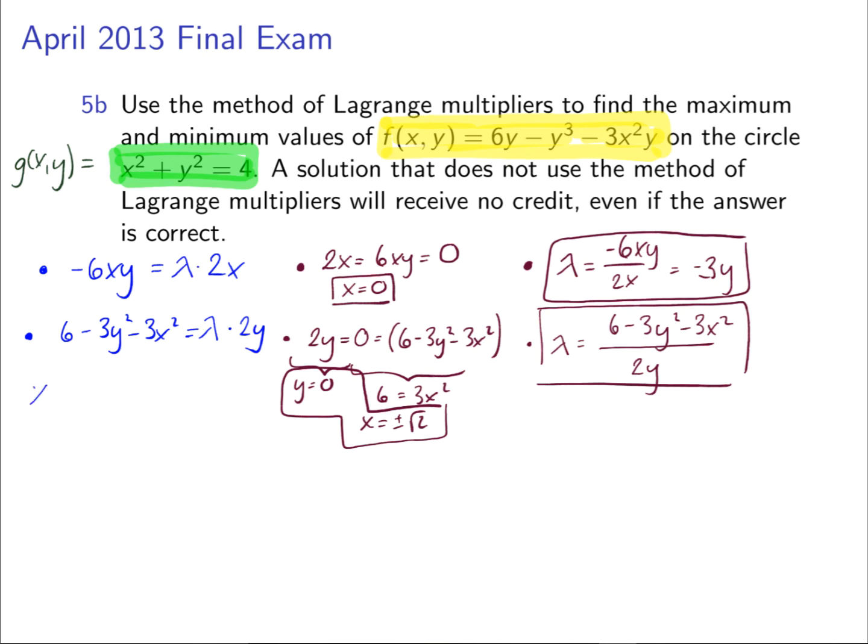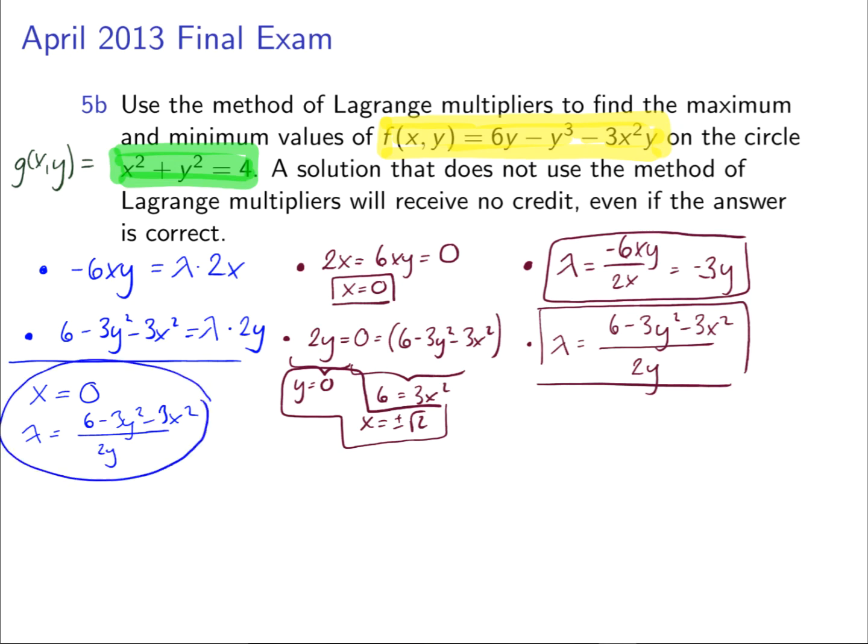If x is equal to 0, then it must be the case that lambda is equal to 6 minus 3y squared minus 3x squared over 2y. So this is one possibility. If x is not equal to 0, then lambda is equal to minus 3y. It could be the case that y is equal to 0 and x is equal to plus or minus root 2.